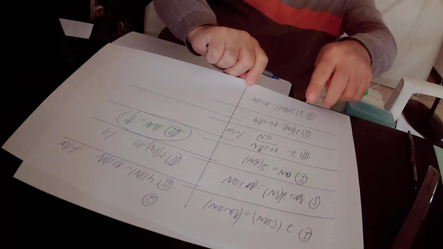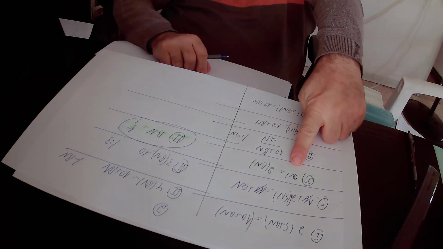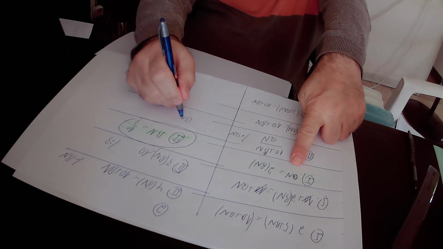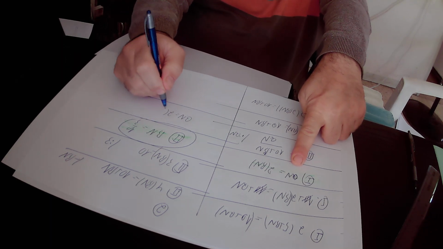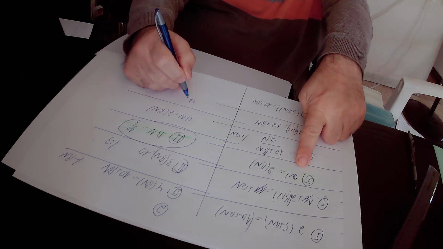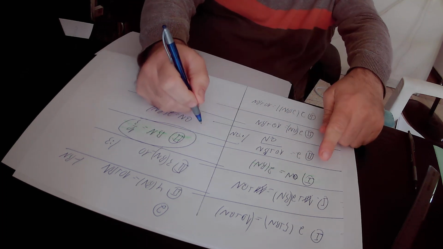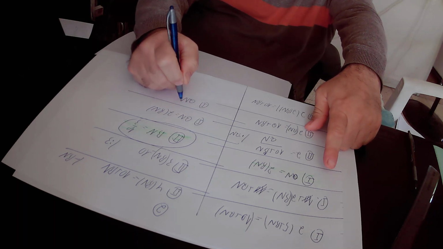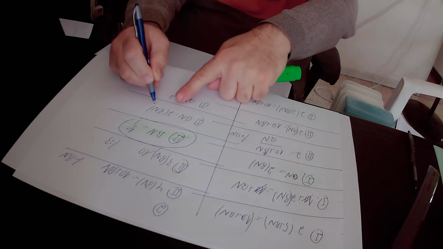According to equation number 1, we found out that QN equals 2 times BN.